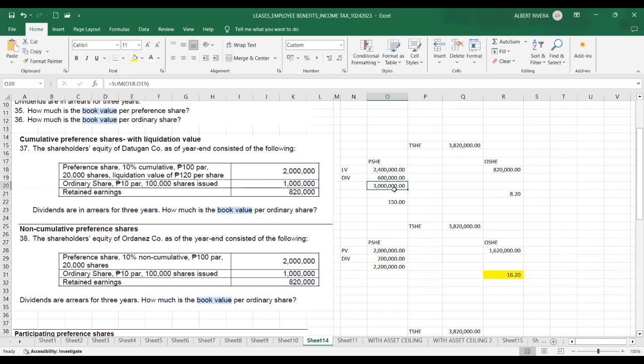So this is 3 million total. And the residue is 820,000. Divided by again with the number of shares outstanding. You have 20,000 here, so this is 3 million divided by 20,000, that is 150. While here, 820,000 divided by 100,000, this is 8.20. Next.